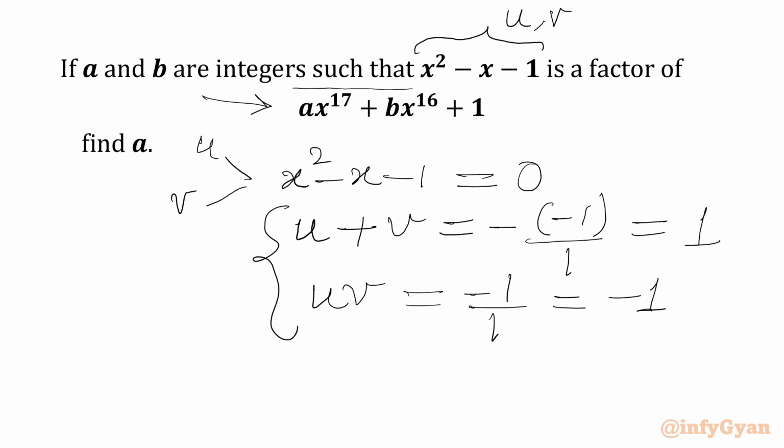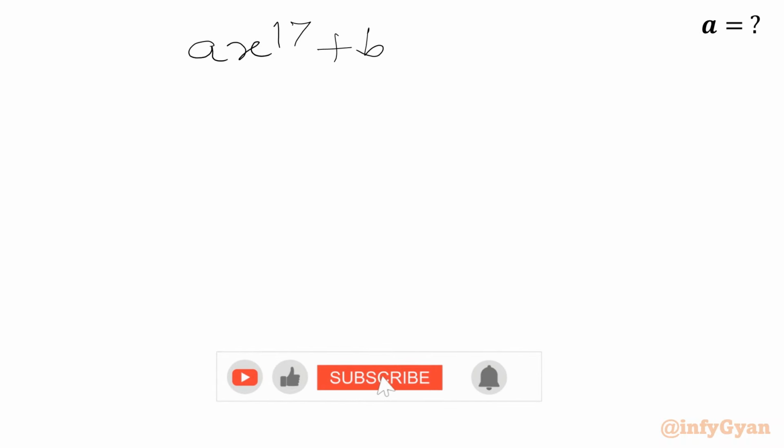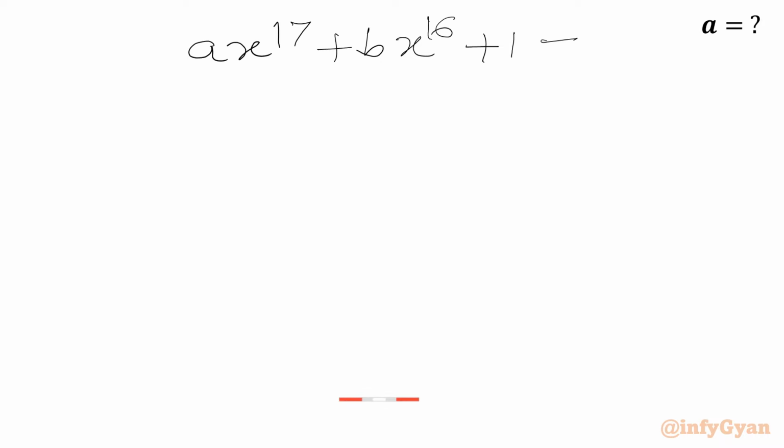Now we are going to plug in x equal to u and x equal to v here, as they will satisfy our equation also. So let me write here ax power 17 plus bx power 16 plus 1 equal to 0. Now I will plug in x equal to u.